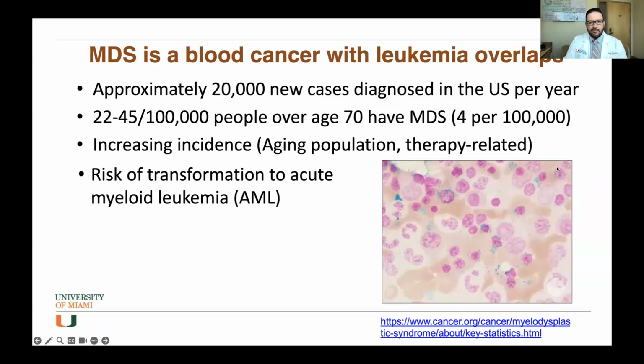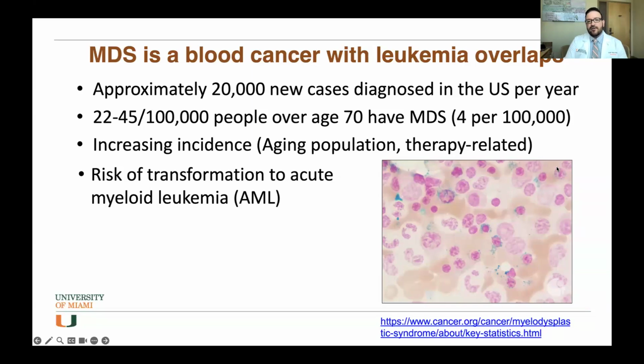I mentioned that one of the biggest risk factors for MDS is age, and as we have an overall aging population, people are living longer. You have a large generation of people now getting into their 7th and 8th decade of life. We're probably seeing increasing incidence of MDS.